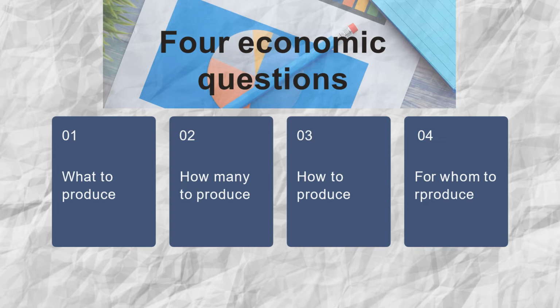Which one should get the bigger portion of your allowance? And then if you decide on buying this, how do you get this? Are you going to buy it, or maybe just produce it by yourself? And then who is going to benefit from the things that you're buying? So basically, that's how we decide.